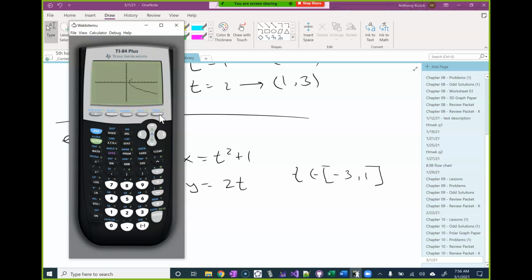So then I'll just hit graph, and this is what I get. I get like a piece of a parabola is what that looks like to me, right? Notice here that this fails a vertical line test, right? But we're able to generate this graph completely with one function, or like one input to our y equals menu.